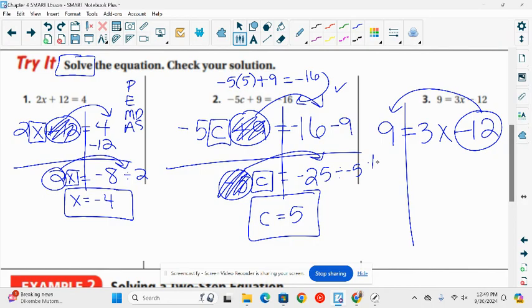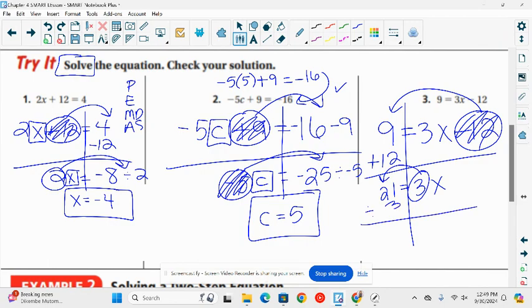We added 12, which gave me a sum of 21. How did I move the 3? I moved it using division, which gave me, good.